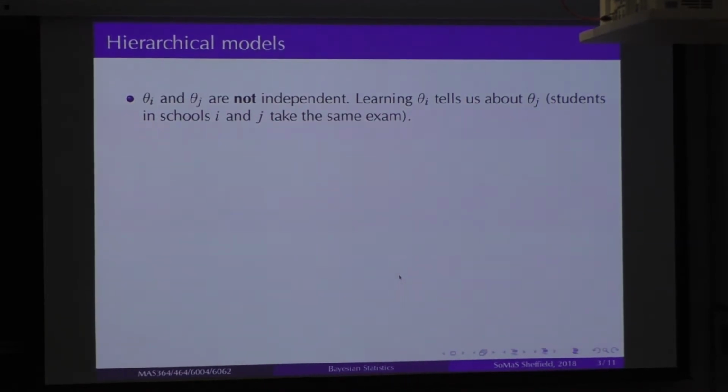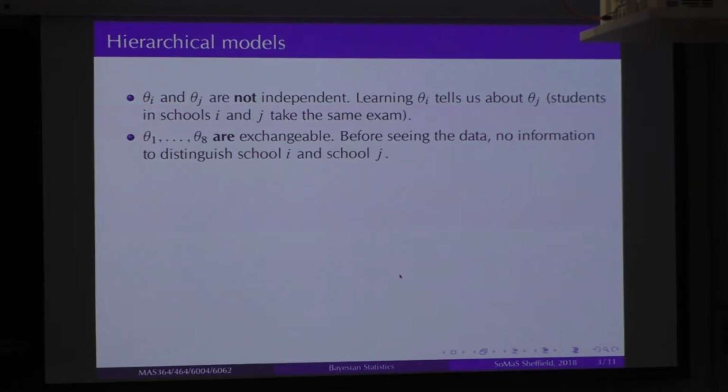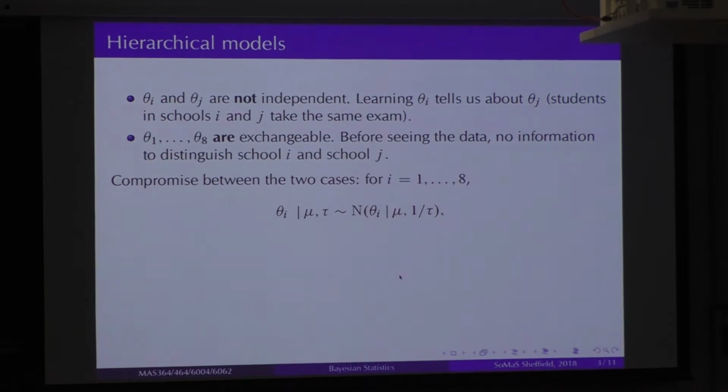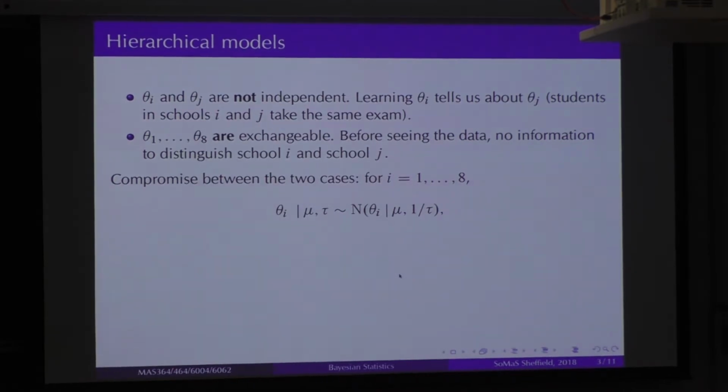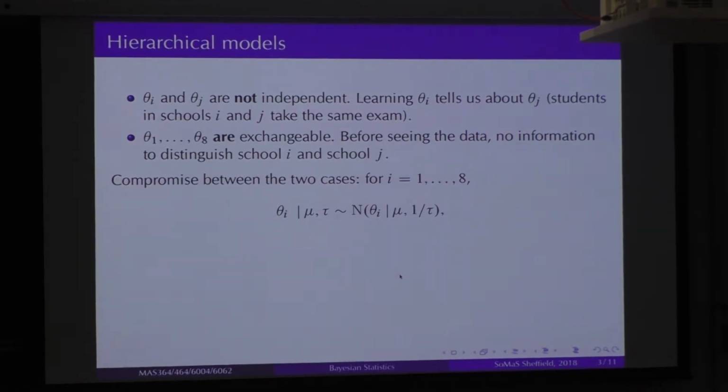But they will be related somehow, okay? So these effects will come from a population of effects, okay? So what we can say is that each effect is conditionally independent of each other given the population parameters for that effect, okay? Now, each effect in each school will be different, but they will come from the same distribution. Okay?